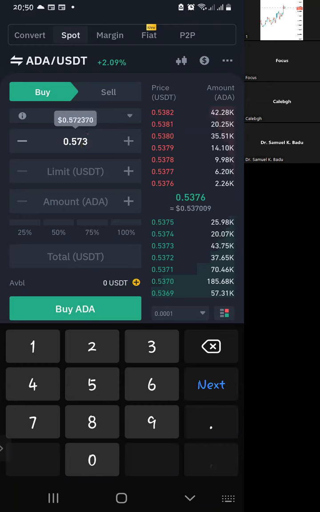And then here, maybe I can put something like 0.5735. So this way, when it's dropping until it hits the condition, the condition of 0.5737 is not going to execute. Okay. Hope that's clear. Yes.